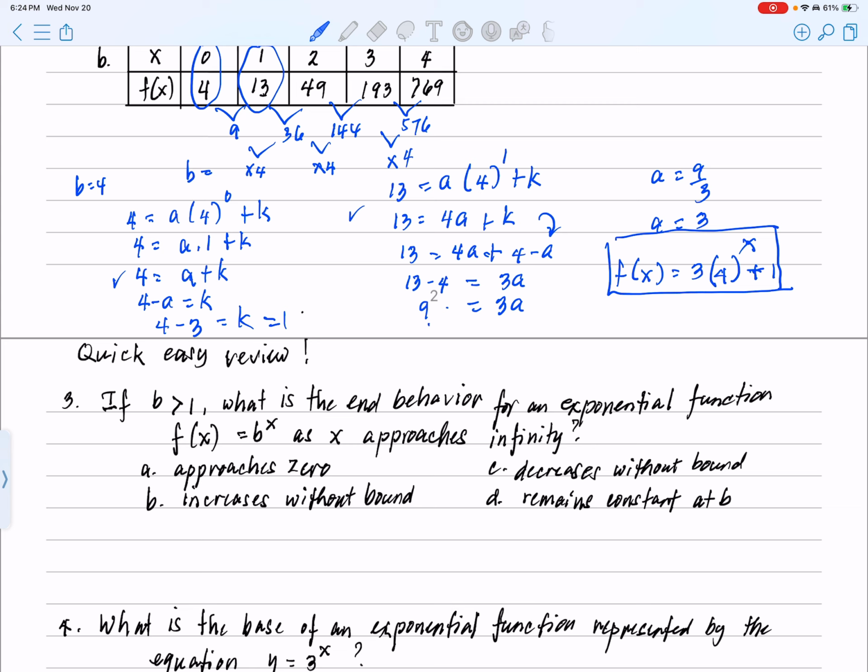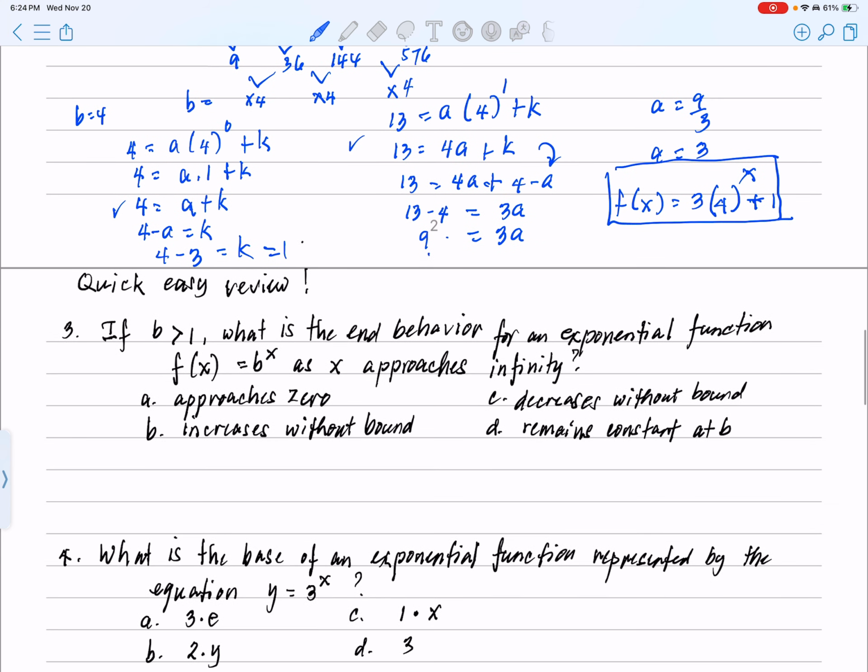So if b is greater than 1, what is the end behavior for an exponential function f of x equals b to the power of x as x approaches infinity?